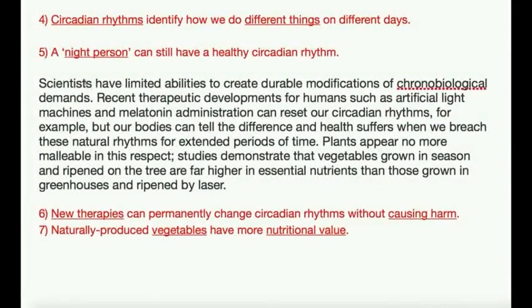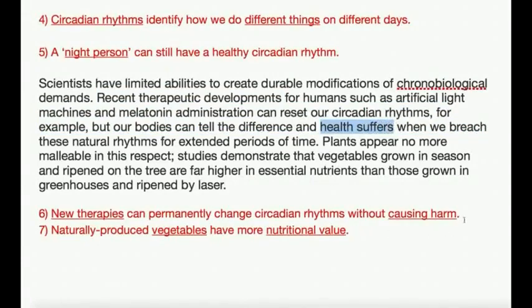So new therapies. Scientists have limited ability to create durable modifications. Recent therapeutic developments for humans. So new therapies, therapeutic developments, recent. So that means the same thing. We talk about causing harm. So if we go through, talks here about health suffering.